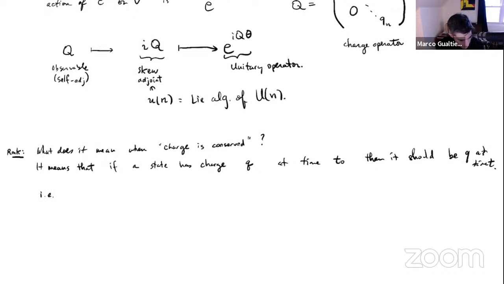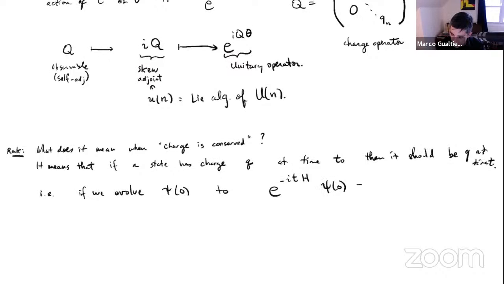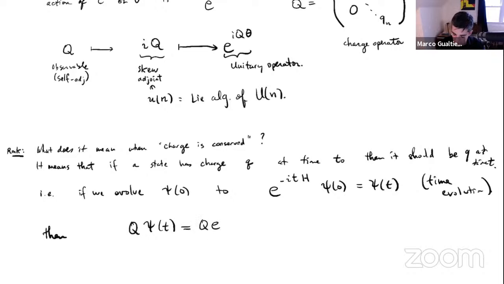So if we evolve ψ(0) to e^{-itH}ψ(0), where H is the Hamiltonian, this is the Schrödinger time evolution, then Q should commute with the action of the Hamiltonian.